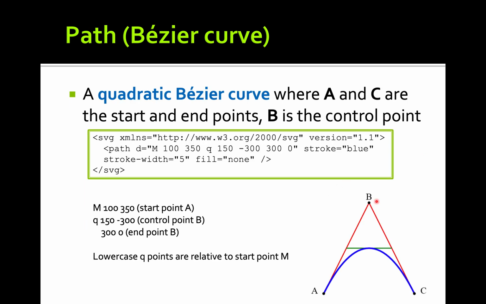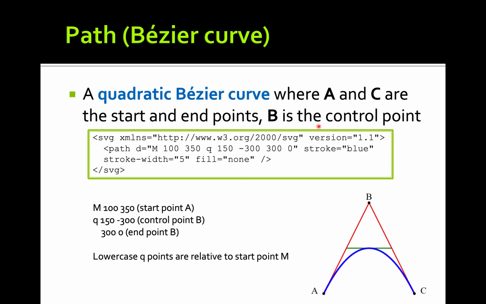So this is the quadratic curve. A quadratic curve means we have two points, A and C, between which we want to draw a curve, and we also have a control point which controls this particular curve. If that point is near, the curve will be a little bit smaller compared to more depth.